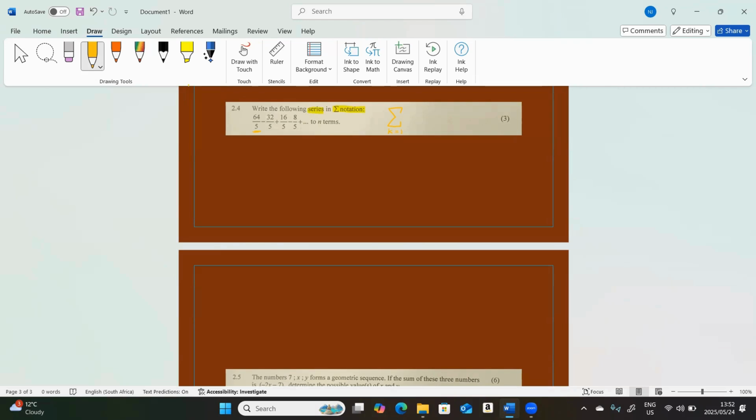Okay, and then it says up to n terms. So what you do on the top of your sigma is you write up until what term you want to add up to. So they want up until n terms.